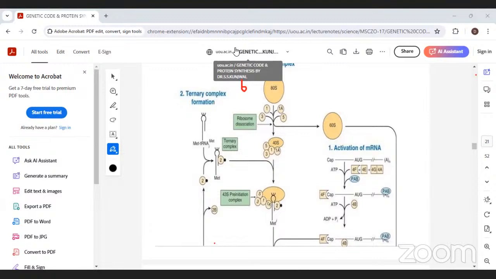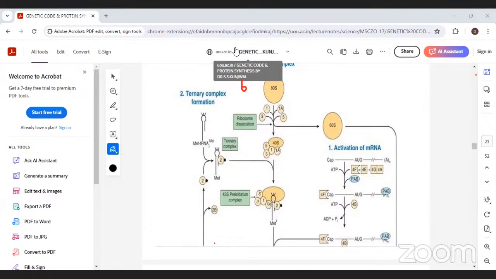Three initiation factors termed IF1, IF2, IF3 and GTP are required. IF1, IF2 and GTP are required for the initiation codons.